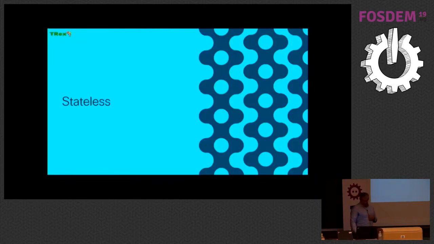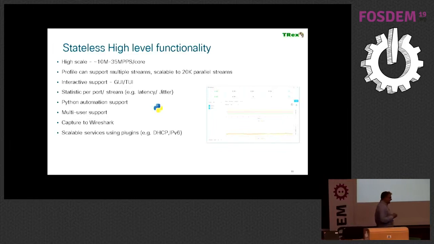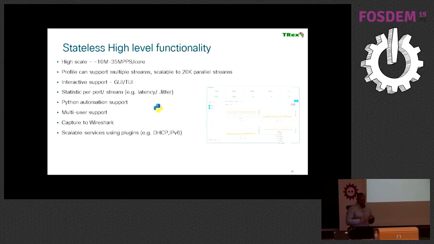Okay, let's talk about stateless. Stateless is a way to generate traffic to test switches. The building block is a stream. We call it a stream. And you can add more streams, remove streams, and the API is JSON-RPC, and we created a Python client that simplifies the way that you can work with it.